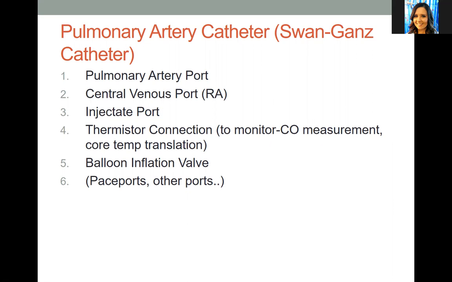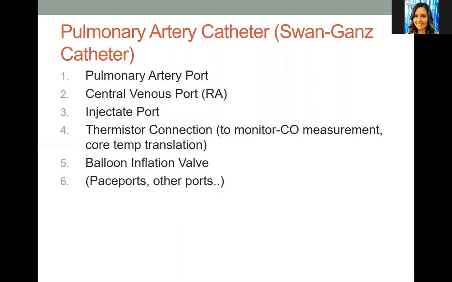A syringe is connected, and we can inflate and deflate the balloon with air. Usually this balloon will hold about 1.5 mLs of air and no more. With the valve, it actually opens and closes the balloon inflation lumen. And that's important that we have a valve so that this balloon is not inadvertently inflated and left there. And we'll talk about that here in a second.